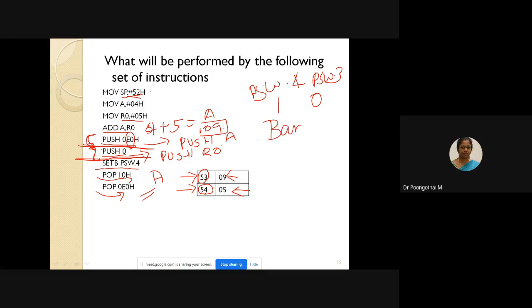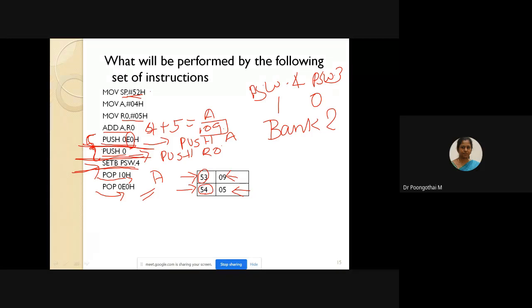When bank 2 is selected, after execution of this particular instruction, we can access the bank 2 memory area. That is the concept of bank selection. After this point, you can make use of your bank 2 memory locations. The starting address of your bank 2 is 10.